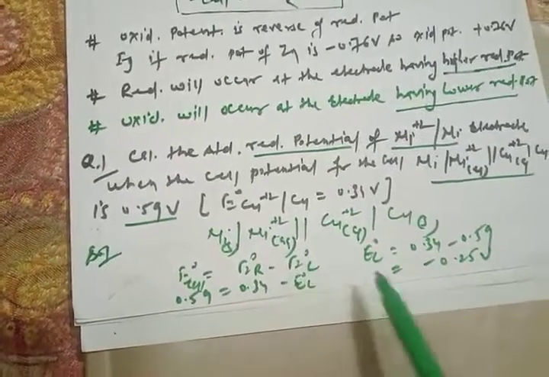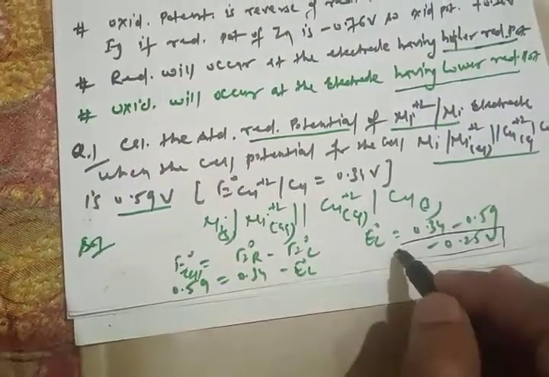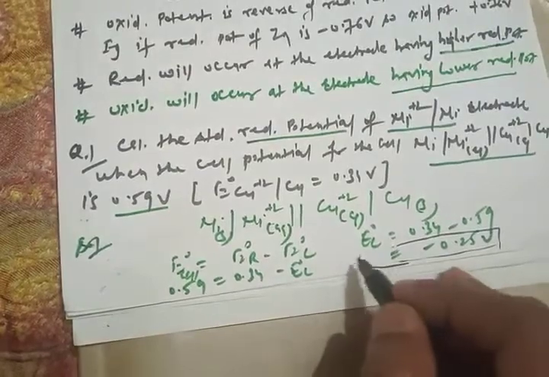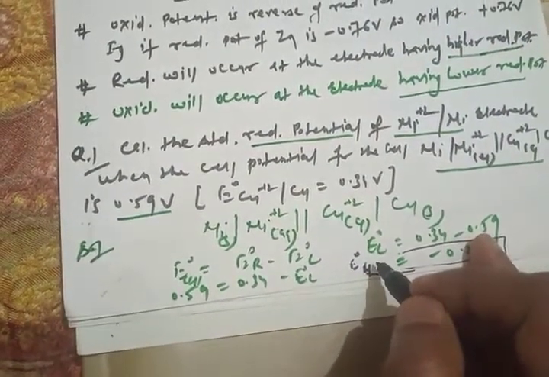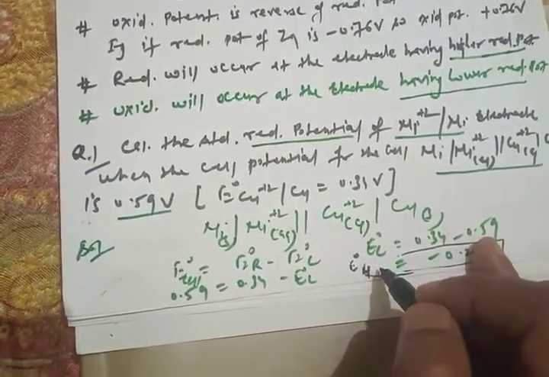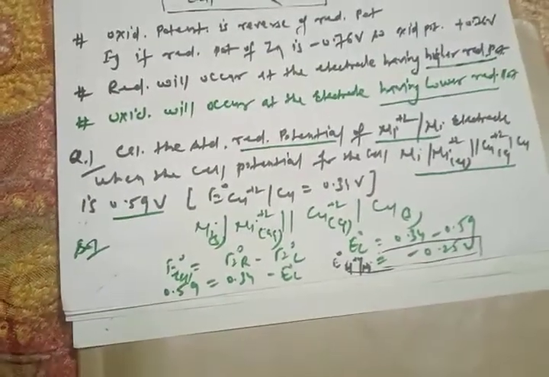So the reduction potential for this is negative 0.25. So this is the answer of this question. This is the value of E naught nickel plus 2 to nickel. So this is the first question we have completed.